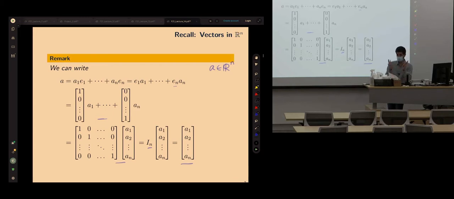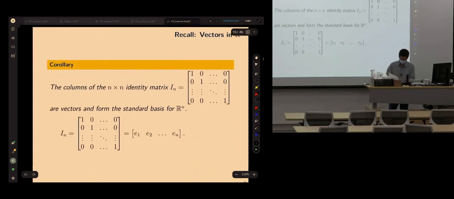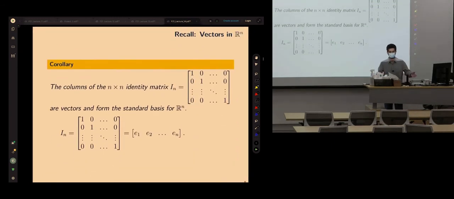And we know two vectors are equal if every corresponding entry of them is equal. So then uniqueness is given by that. So the columns of the identity matrix, we called it a standard basis. But we didn't really talk about what it means to be a basis, which we're going to talk about today.